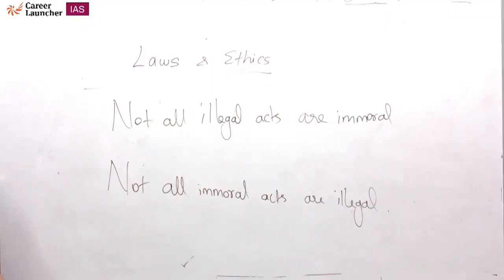The traffic police will stop you if you are not wearing a helmet. It is illegal. As per law, you should not drive like this. But is it an immoral act? You can't assess this act as moral or immoral unless it is affecting another person. Whether you wear a helmet or not, it is not a moral principle. It does not concern morality.